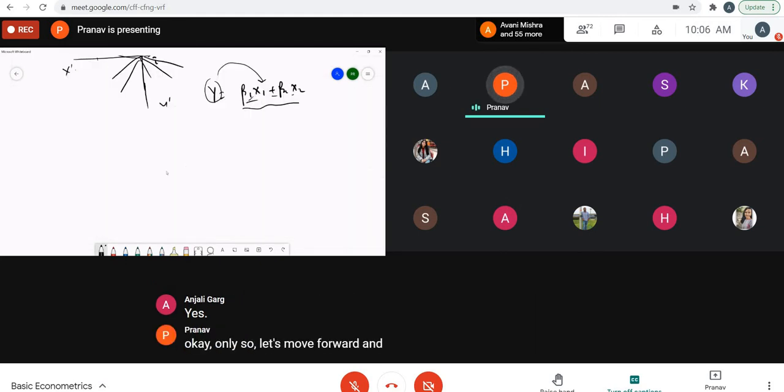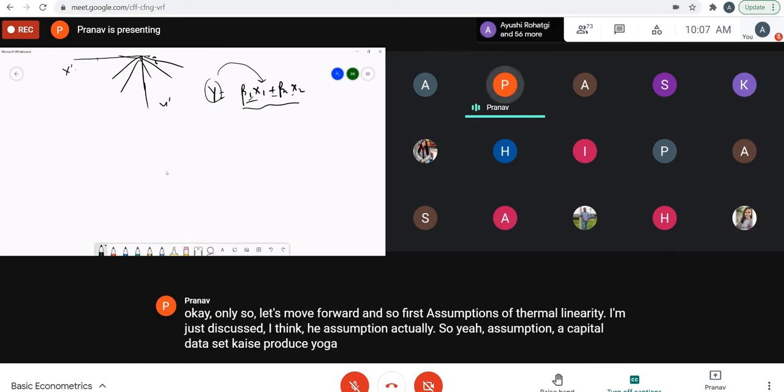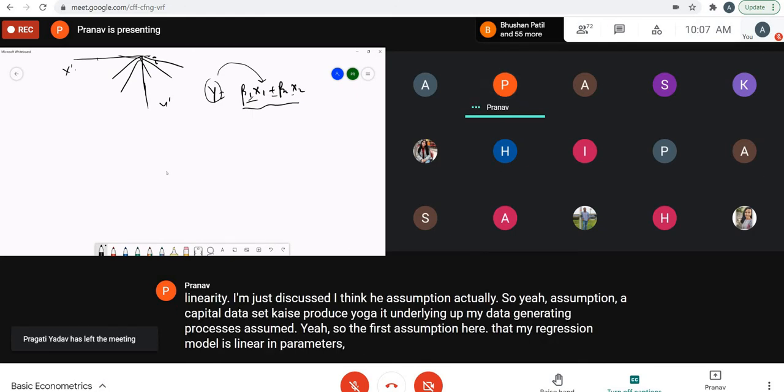And so first assumption जो था हमारा linearity का, अभी हम just discuss करते हैं कि assumption actually है किसके लिए. So ये assumption है कि आपका data set कैसे produce होगा. एक underlying data generating process जो आपने assume किया है. So उसका first assumption ये है that my regression model is linear in parameters and additive in disturbances.